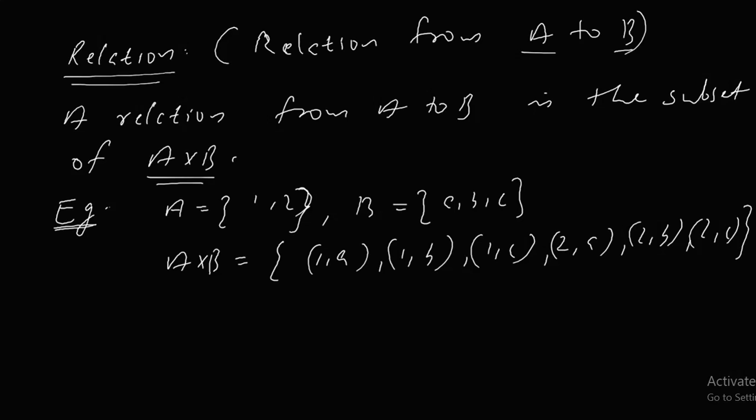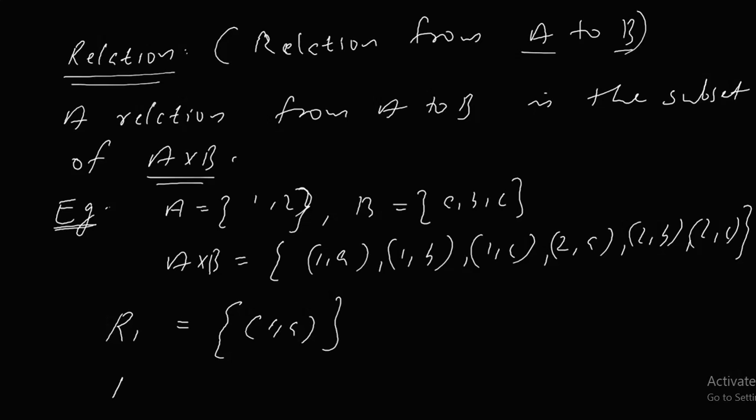These are the elements in A cross B. If you choose any subset of A cross B, that becomes a relation. Let me call the first relation R1. For example, if I choose only one element from A cross B, 1a, this is a relation from A to B.